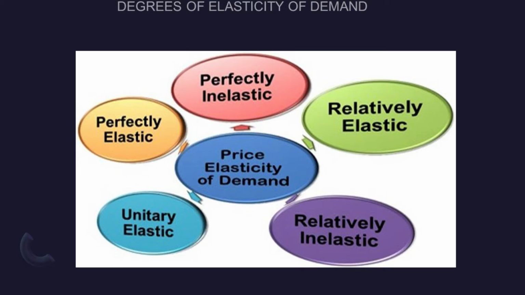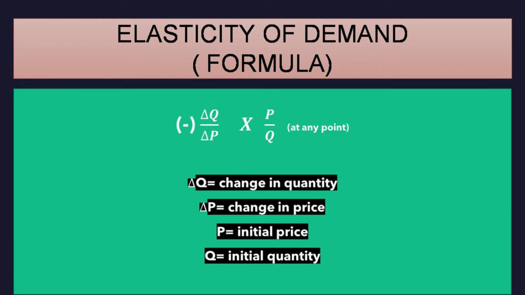Now, what is the formula for calculating the elasticity of demand? Since we know that price and quantity demanded are inversely related to each other, there will always be a negative sign in front of the formula, depicting that they are inversely related.